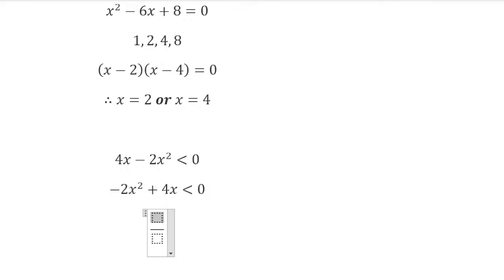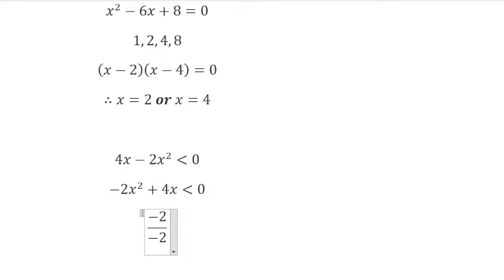We want to remove the coefficient of x squared. So in order to remove the coefficient of x squared, we have to divide by the same coefficient. In this case, our coefficient of x squared is negative 2. So we're going to divide each and every term by negative 2.